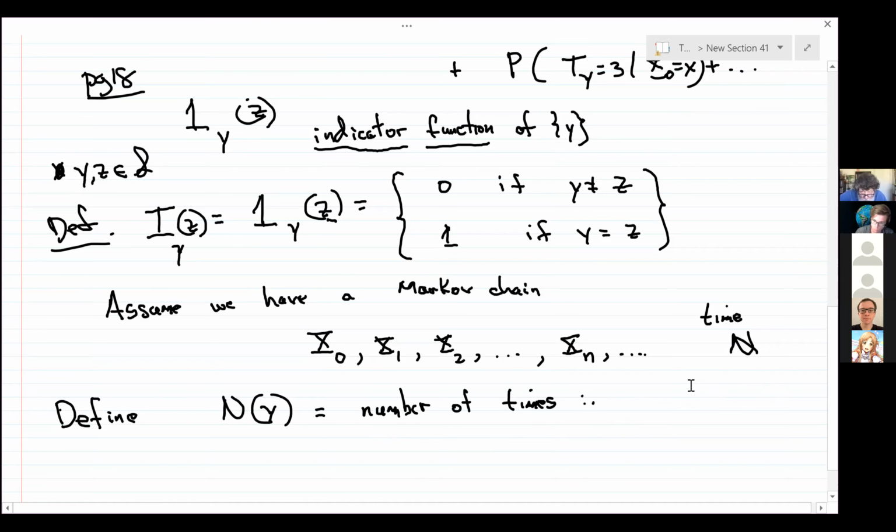So we've already said that we're looking at where we are for different points in time. And if the state is y, well, what could happen? It could happen, for example, maybe at time 2, you're at state 5.